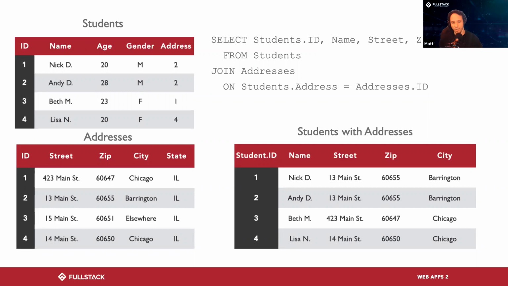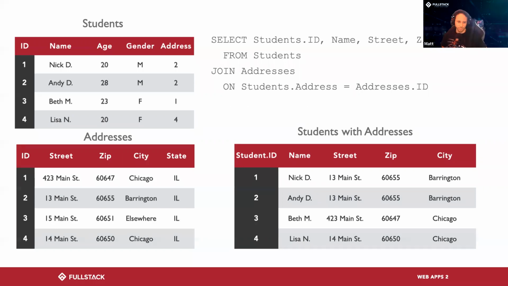Students.addresses equals addresses.id. Now it's not super important that you guys all memorize the syntax and how to do your SQL joins. But it's important to understand what this looks like and how SQL is formatted and how these relationships are. Okay. But the end result is I get a new table, students with addresses table, from writing that query.